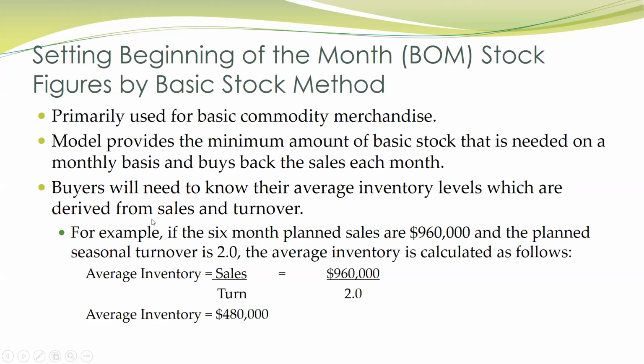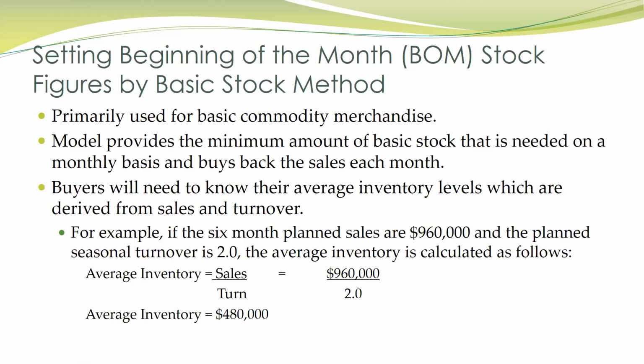But now, as we discuss calculating beginning of month stock using the basic stock method, the first method which we discussed was the stock to sales ratio method, and the second one which we are going to discuss today is the basic stock method. Both have implications on how you plan your stock depending upon what merchandise your department deals in.